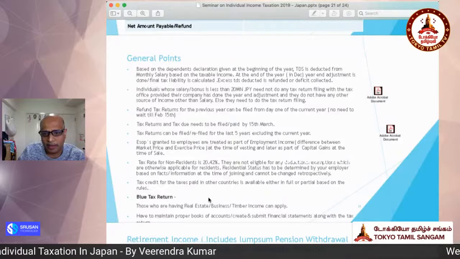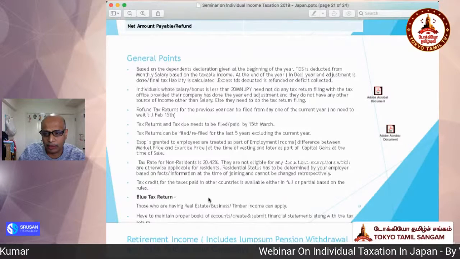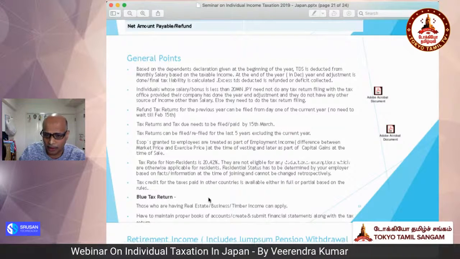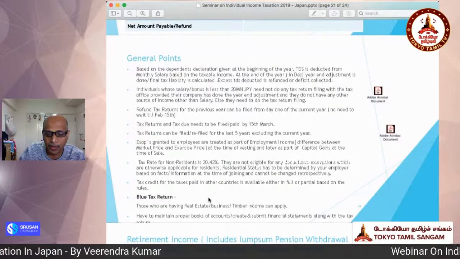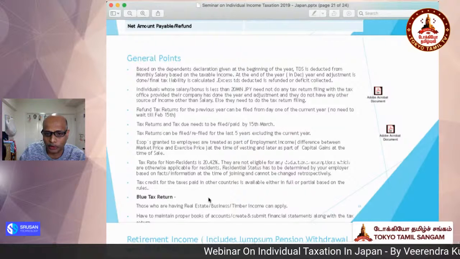And if your salary is less than 20 million JPY, you need not do any tax return filing if your employer has done the year-end adjustment in the month of December, and if you do not have any other source of income other than salary. If you have, you need to do the tax return filing by yourself with the tax office.